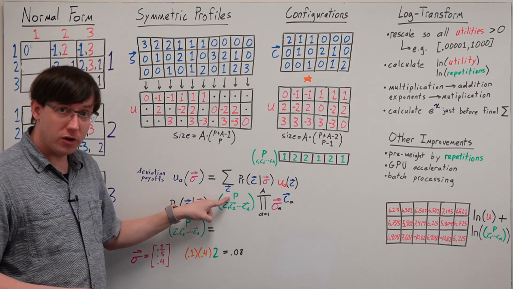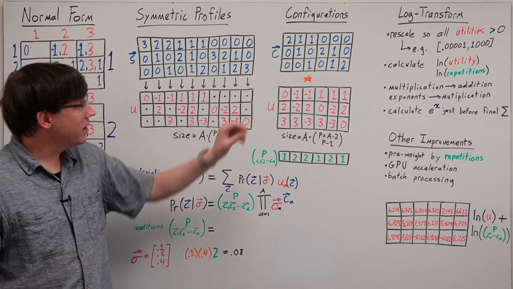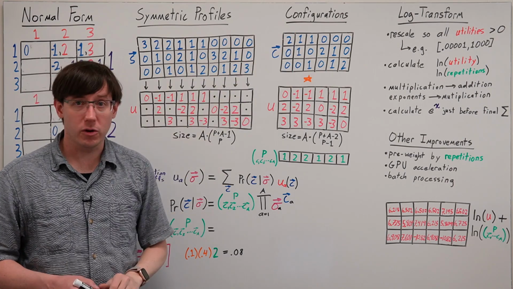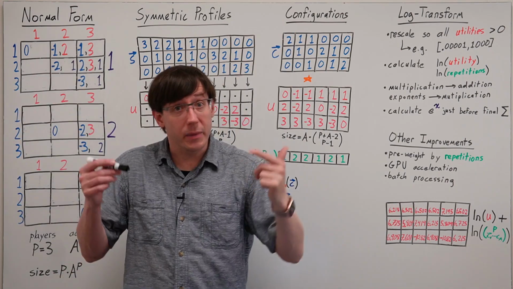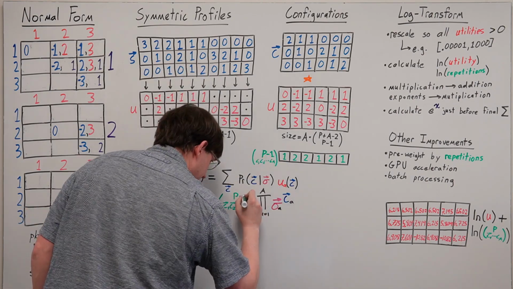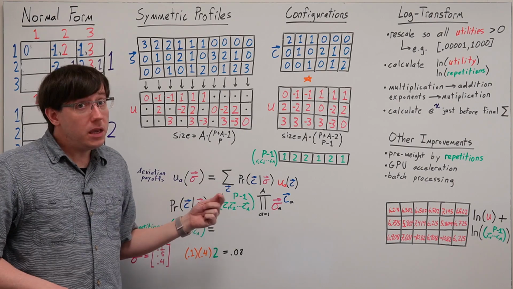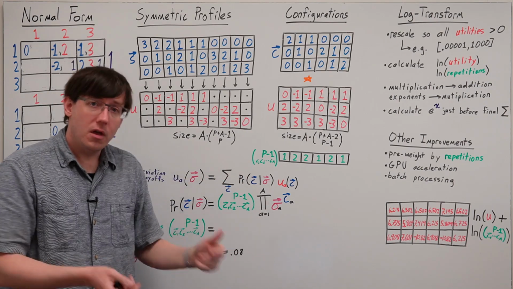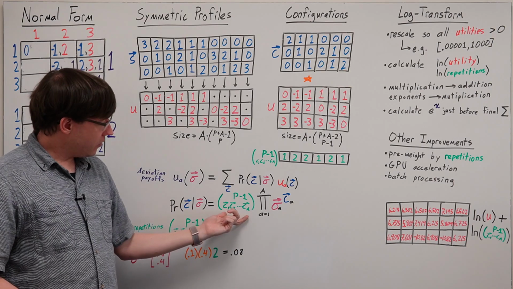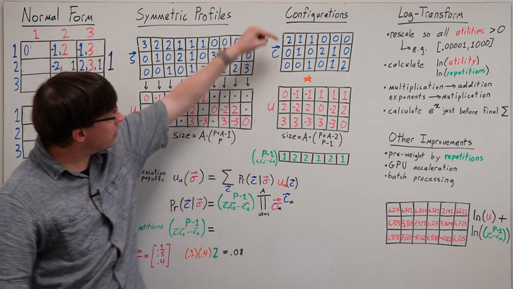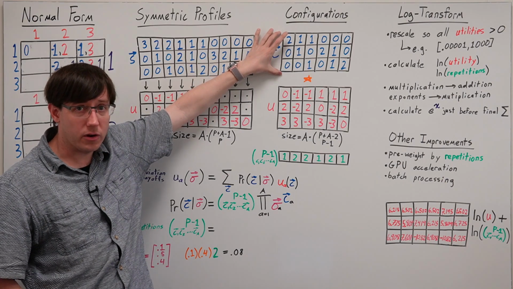Specifically, we have a multinomial coefficient where we are splitting up the players, but since we're looking at opponent configurations, all of these p's ought to be p minus 1. So we are splitting up p minus 1 opponents among the different actions. And so the bottom here is all of the entries in the configuration vector.